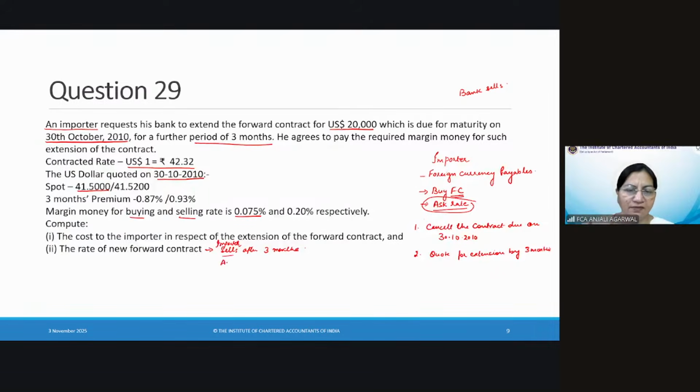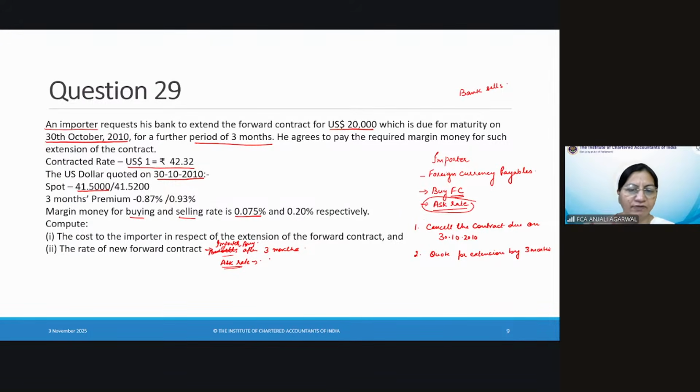So ask rate after 3 months is required. So bank will sell, importer will buy after 3 months. Ask rate would be applicable when the importer will be in need of this money after 3 months. So he will buy, importer buys or bank sells. That means ask rate is applicable. What is the ask rate?